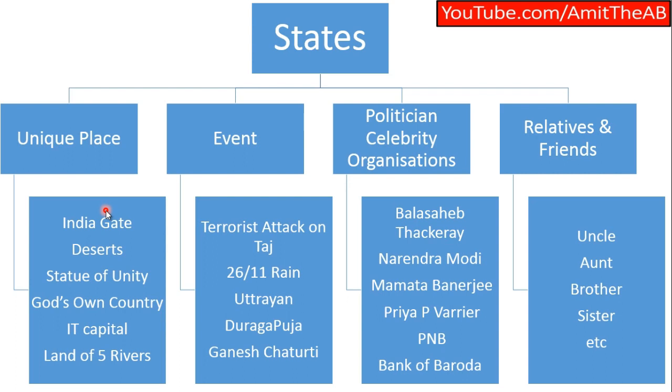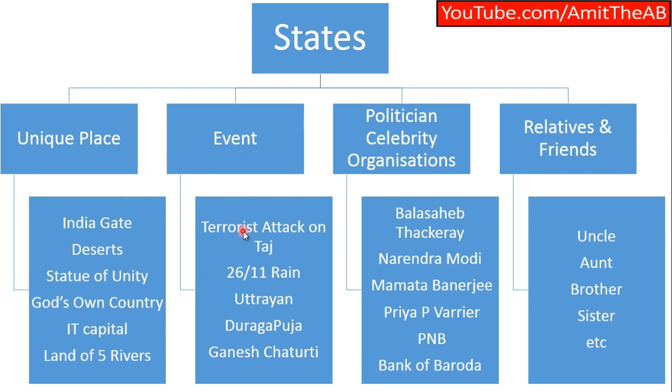For example, India Gate, that is Delhi, Desert, Rajasthan, Statue of Unity, Gujarat, God's own country, that would be Kerala, IT capital, that is Bangalore, that is Karnataka. Now it is difficult to have an image for IT capital, so I just use Intel or a motherboard image or a supercomputer image, something like that. Land of five rivers, that is Punjab.